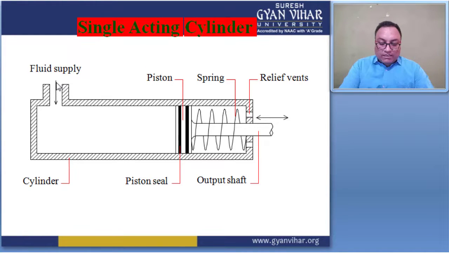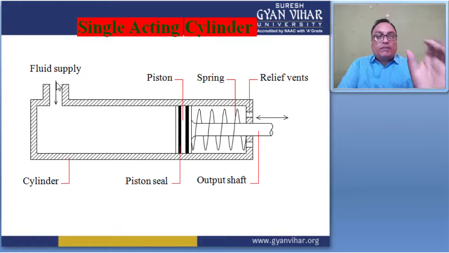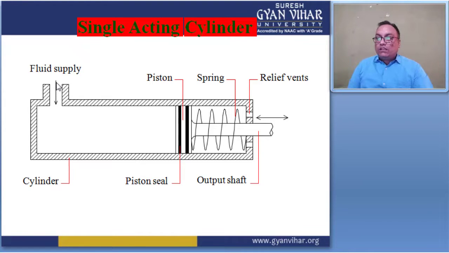This spring takes some space inside the cylinder, so the consumption of space by the spring reduces the size of the stroke. And the spring force reduces the pneumatic force.